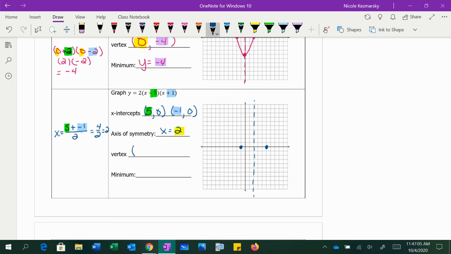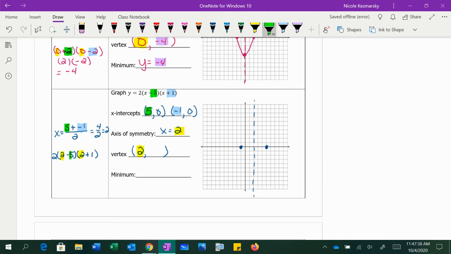My vertex is going to be somewhere on that line, so I know my vertex is going to be (2, something). So that 2 is because of that yellow value. To find my vertex, I'm going to plug into the original function. So this time I've got a 2 in front. I'm going to say 2 times (2 minus 5) times (2 plus 1). So these 2's that I'm highlighting in yellow are from my axis of symmetry.